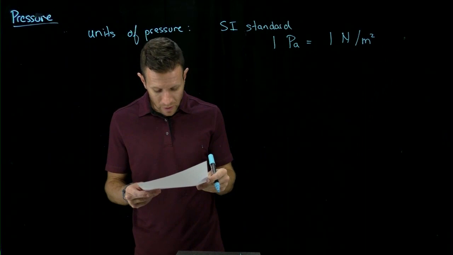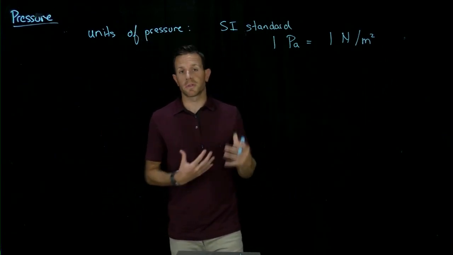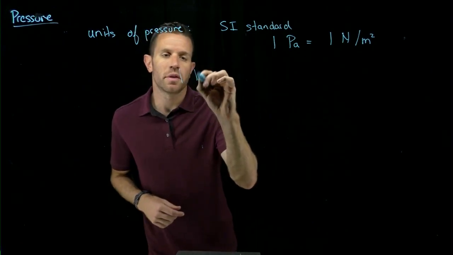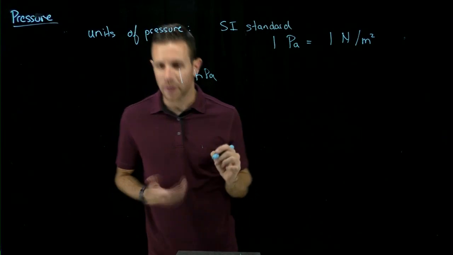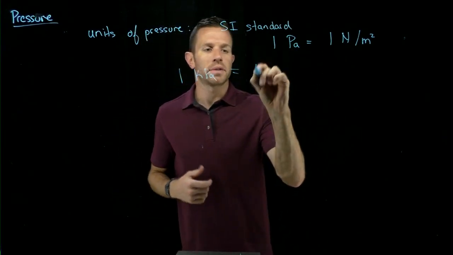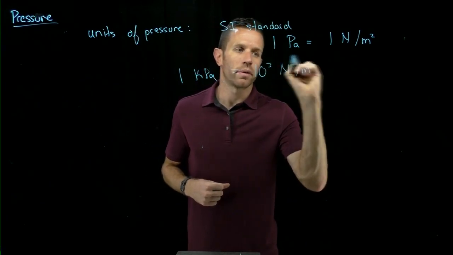There are some other very convenient units of pressure that you will see throughout the course. Perhaps the most widely used in this course is the kilopascal, and 1 kilopascal is equal to 1,000 pascals, or 10 to the third newtons per meter squared.